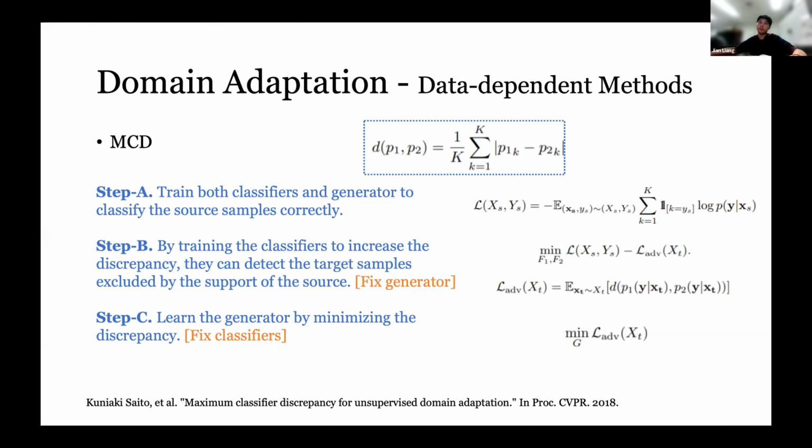In the following step, we fix these two classifiers and update the parameters of the generator, also the feature encoder, by minimizing the difference. So step B and step C are iteratively optimized to achieve the final model. Okay, maybe next.